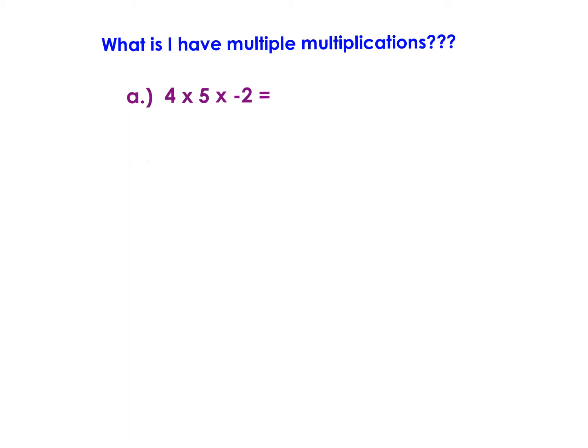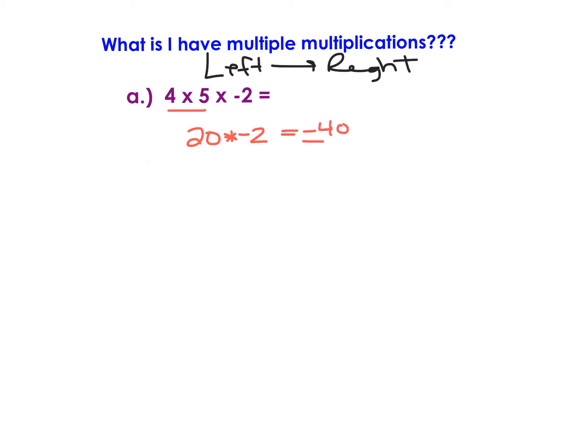And this works just like addition, where we move, just like we read a book, from left to right. So in the first problem, we start with the one on the most left, which is 4 times 5. So that becomes 20 times negative 2, which is negative 40. So again, noting I moved from left to right.